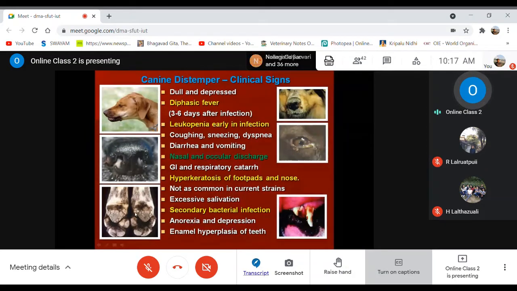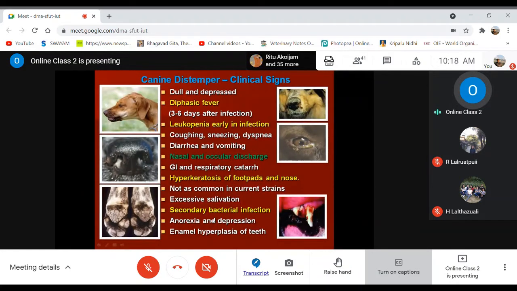Not only on the foot pad, the nose also used to show keratosis. So this used to show very much hard pad formation, I mean, both the foot pad as well as the nose. That is very much common in this canine distemper.